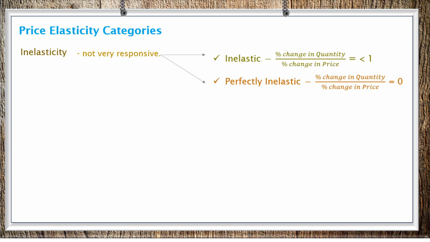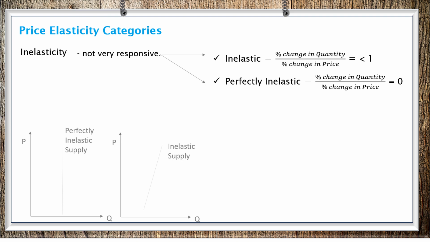And in an inelastic one, there's a change of less than 1, indicating very low responsiveness to price. A perfectly inelastic means that there is no change in quantity at all when price changes. For example, gas. Everyone needs to buy petrol for their car, and it does not matter what the price is in the market, they'll still have to buy that petrol to get to work.